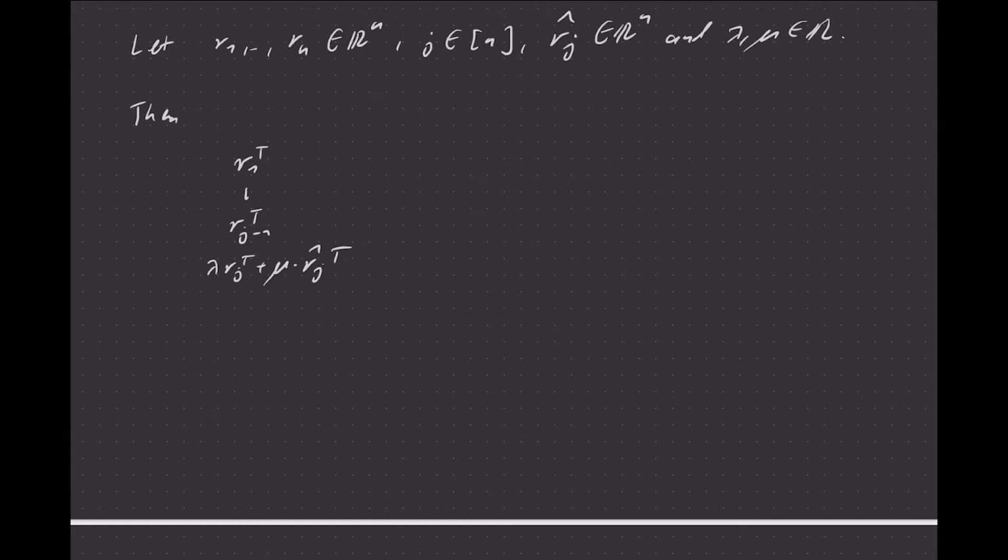And then again, all the other rows are just the Rj plus 1 to Rn. So that's a matrix made up of n rows, and the jth row is a linear combination of two vectors. And we want to know the determinant of that one. Then we can relate that to the determinant where this linear combination is separated.